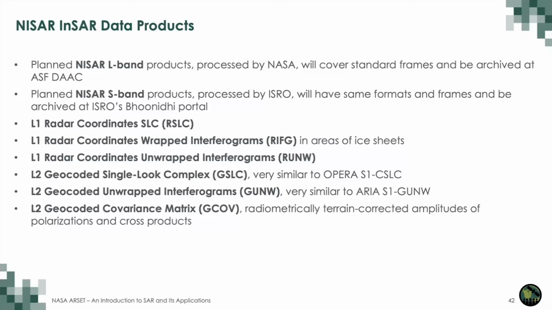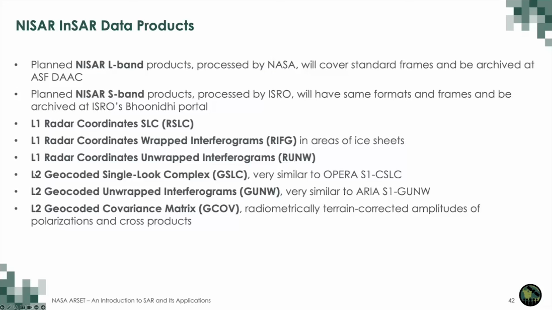The data products include the radar coordinates SLCs, the RSLCs, and the radar coordinates wrapped interferograms, but only for the areas of ice sheets. They're going to be making radar coordinates unwrapped interferograms globally. And then they're going to be producing these level 2 products, which are all geocoded.